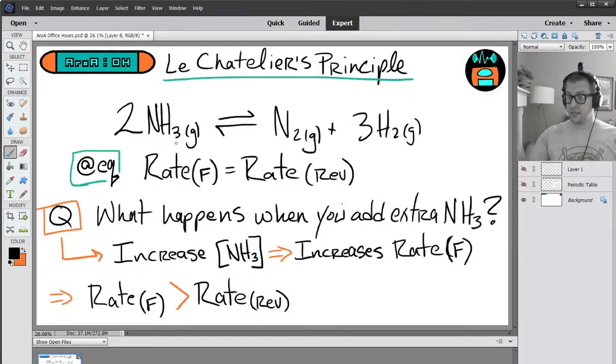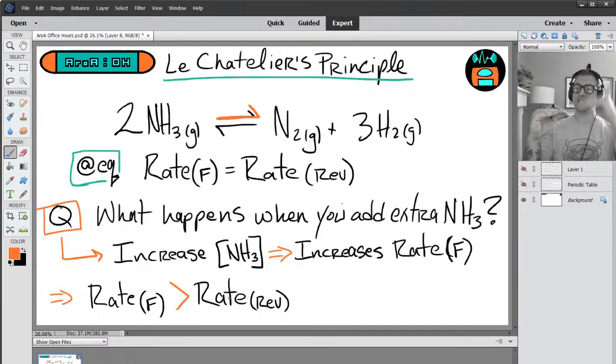as the rate of the forward reaction now is faster, it's going to start slowing down, slowly, because it's going to be forming nitrogen and hydrogen, which is going to be slower at the beginning. But as you increase the concentration of nitrogen and hydrogen, it'll start catching up, right?